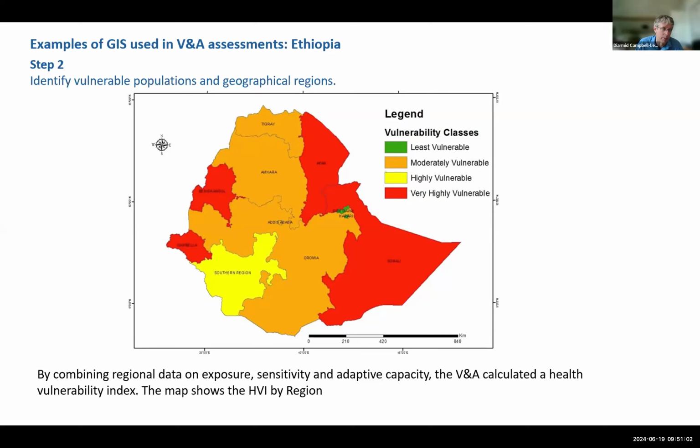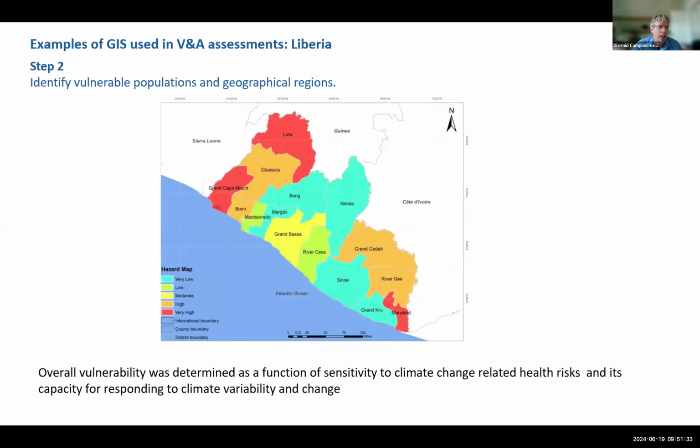So they were combining information on exposure to climate risks, the sensitivity of health outcomes to those risks, and also the measures they have of adaptive capacity to calculate an overall index to say, well, these parts of the country should be prioritized for further investigation and for the deployment of adaptation measures. So hopefully you can see a sequence of combinations of different kinds of information in order, in this case, to get an overall vulnerability impact.